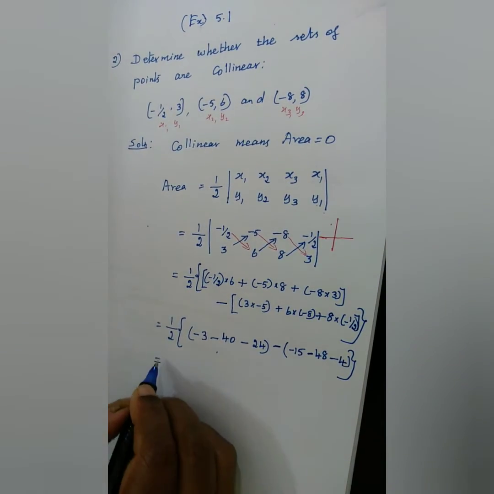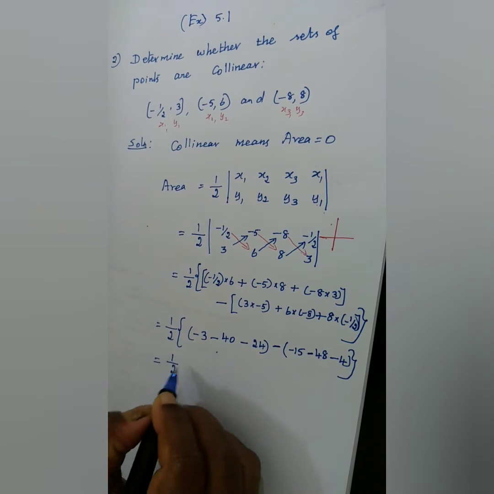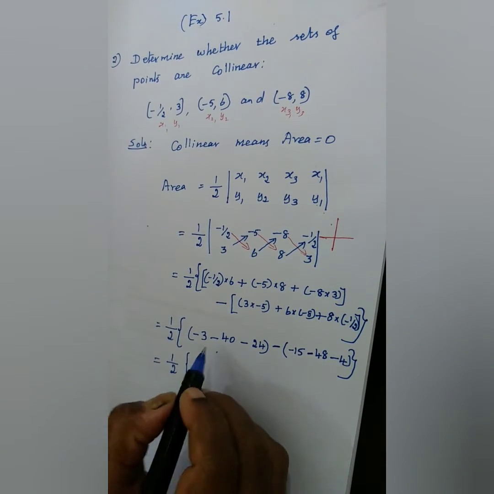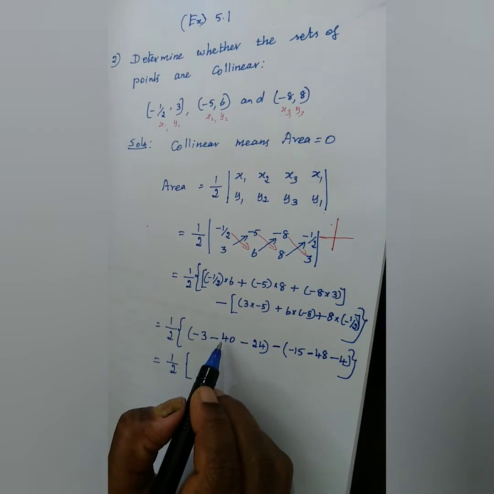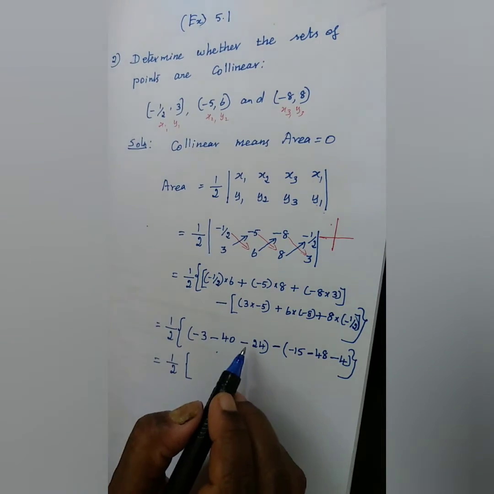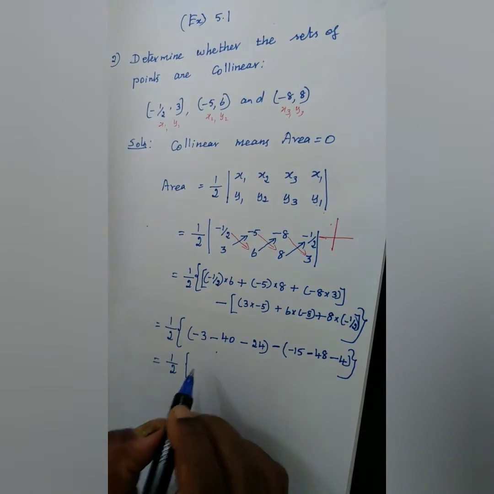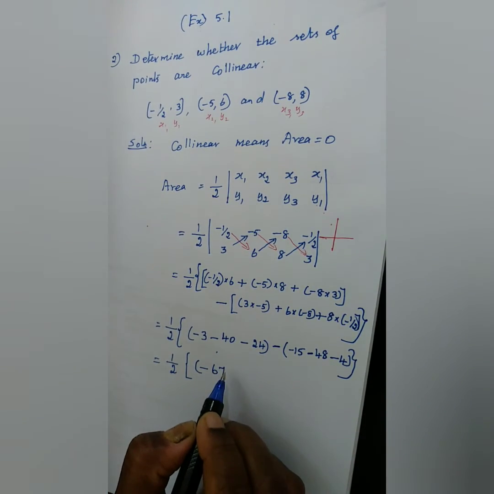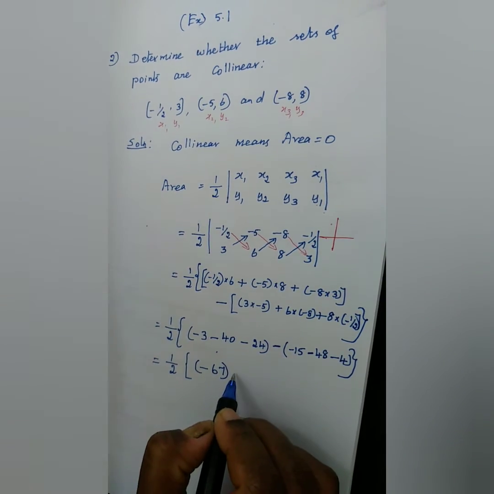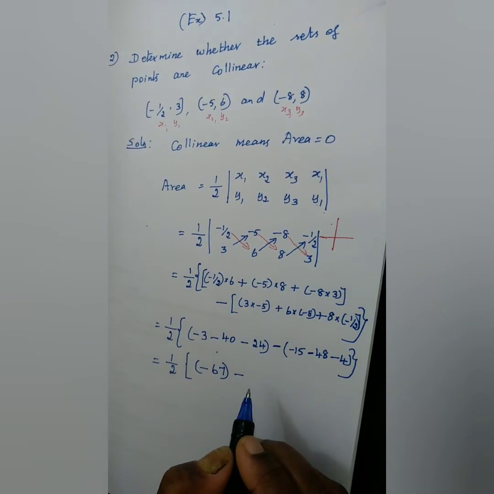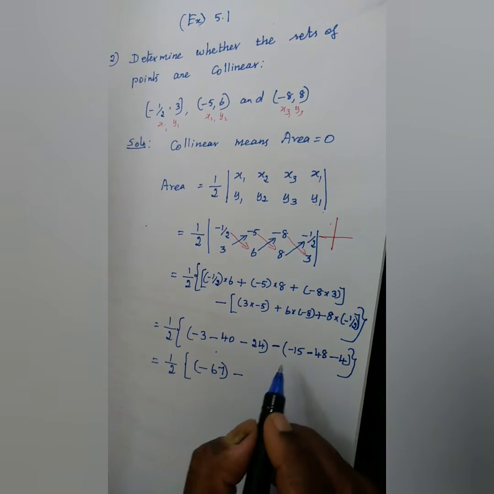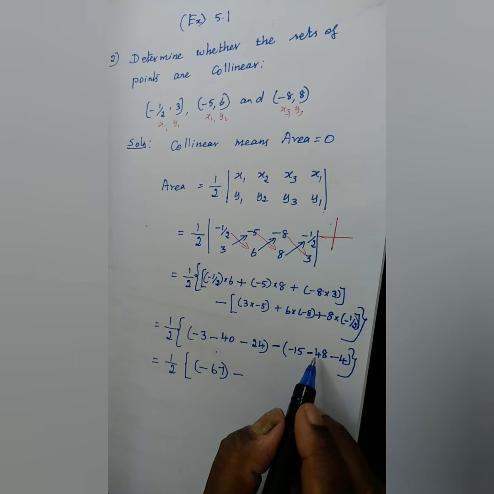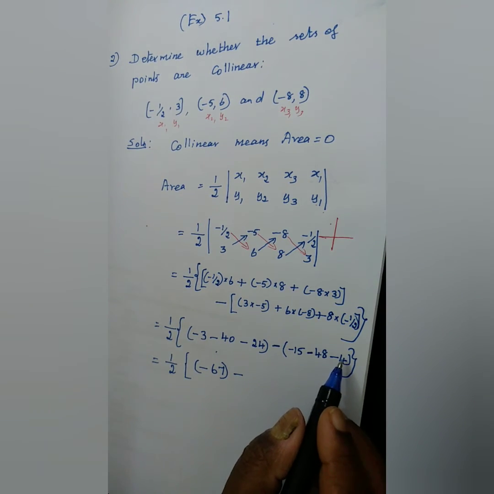Now that is equal to 1 by 2 into minus 3, minus 40, minus 24. When you add these, you will get minus 67. Then minus the next one: minus 15, minus 48, minus 4.